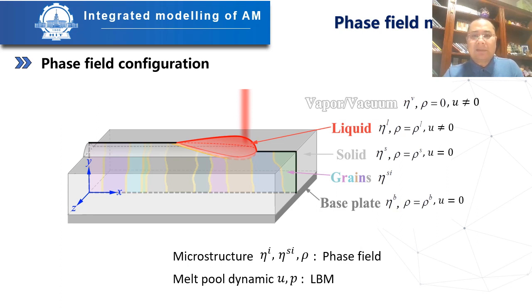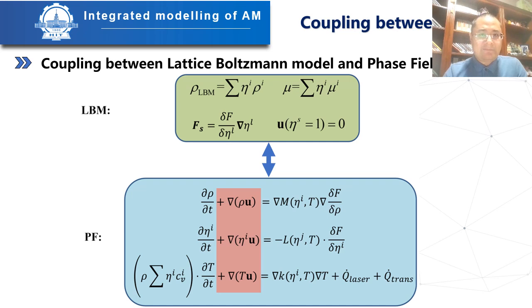We've tightly integrated our phase field model with a fluid dynamic model, wherein fluid velocity U and pressure P are derived from lattice Boltzmann simulation. As previously mentioned, we closely couple the phase field simulation with lattice Boltzmann simulation.